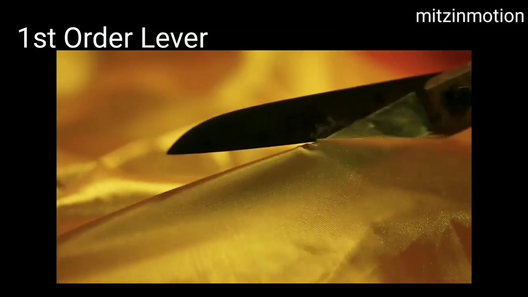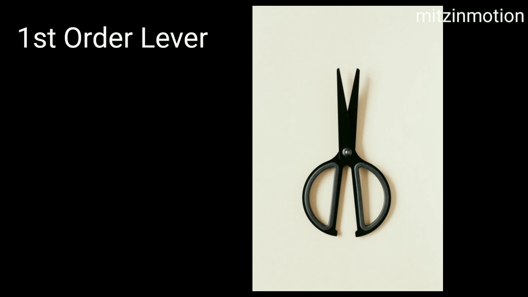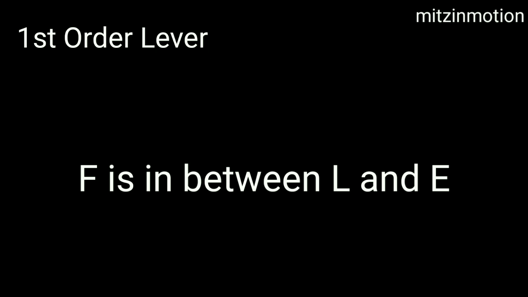Scissor is also an example of first order lever, because the fulcrum, the center of the scissor, is fixed and the other two arms are moving. So these are a few examples of first order lever, because in these examples the fulcrum is situated in between load and effort.